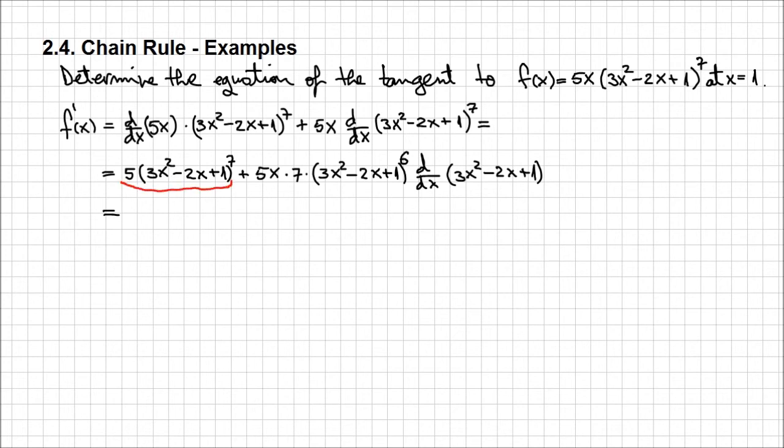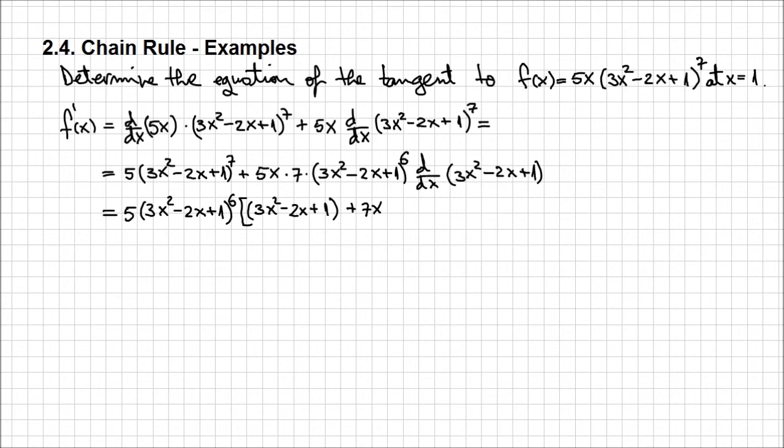In the next step, I'm going to separate the common factor in front of this expression, because as you can see, I have 5 and then I have this expression 3x squared minus 2x plus 1, and I'm going to take the smallest power as a common factor. What I'm going to end up with is 5 times (3x squared minus 2x plus 1) to the power 6, times the first term, which had power 7, so I keep again 3x squared minus 2x plus 1, plus, in the second term we already factored out 5, so it's only 7 times x times this parenthesis to the power 6.